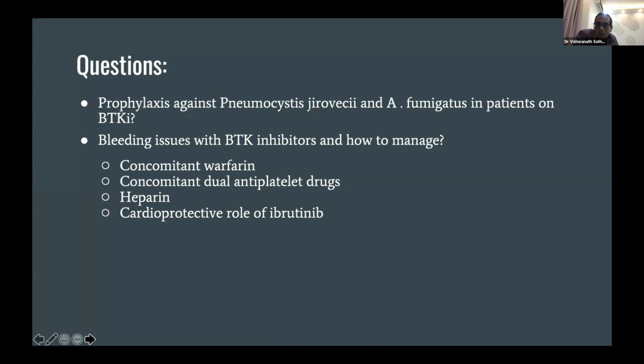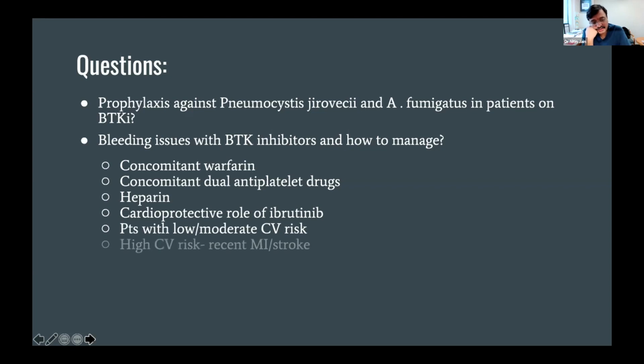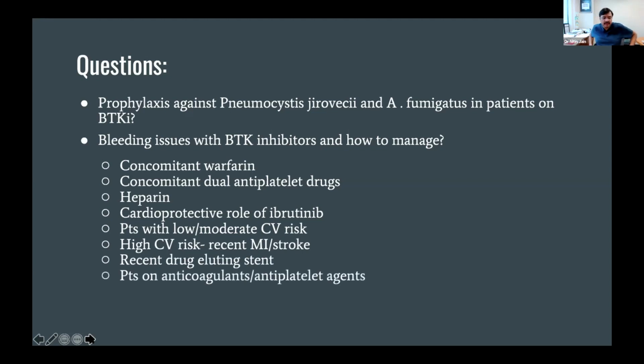But regarding the cardioprotective role of ibrutinib, can you withhold antiplatelets in patients who have low risk of cardiac disease? I'm not really sure. We don't really practice that methodology of using the antiplatelet effect of ibrutinib as a cardioprotector. So we have not really used that strategy.